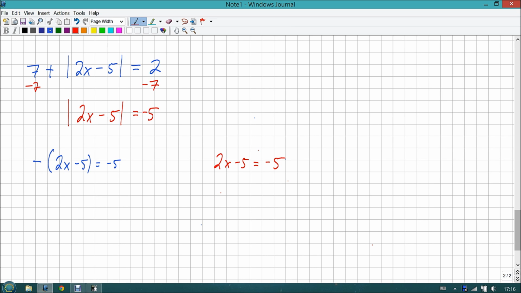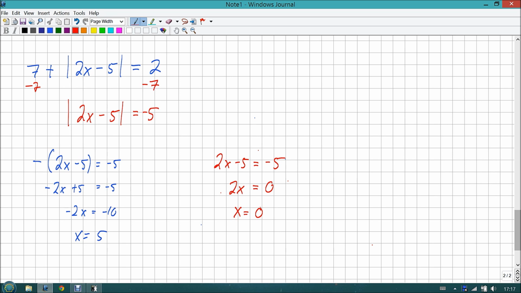Let's go ahead and solve these two. On the left, negative 2x plus 5 is equal to negative 5, negative 2x is equal to negative 10, x equals 5. On the right-hand side, add 5 to both sides. 2x is equal to 0, so x is equal to 0.